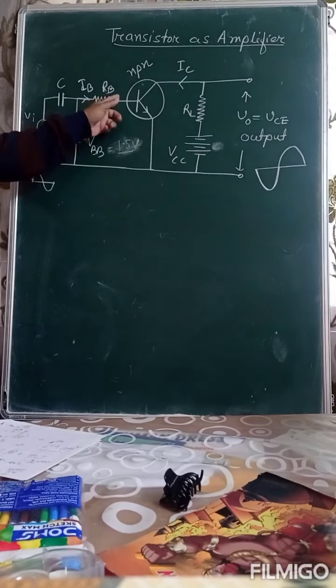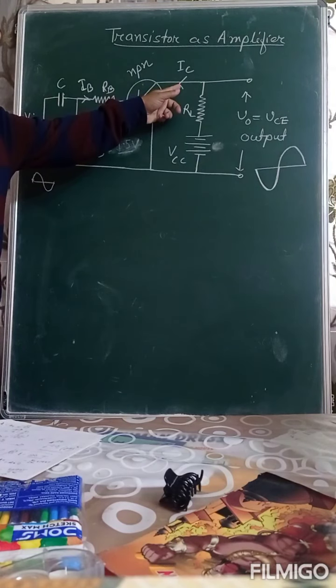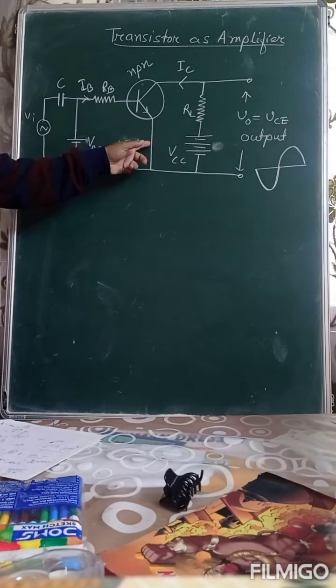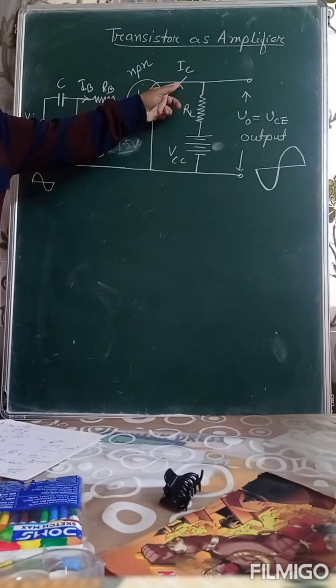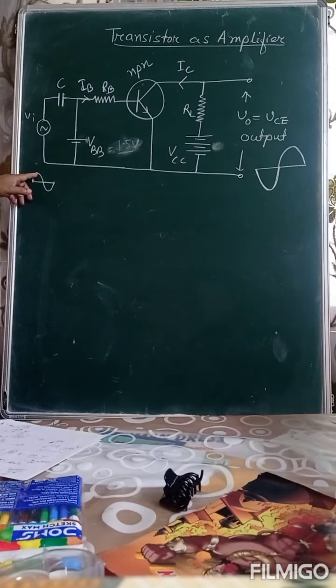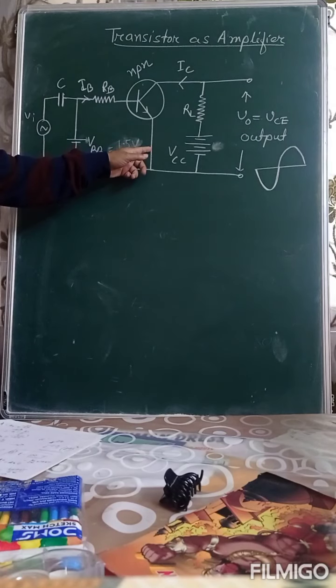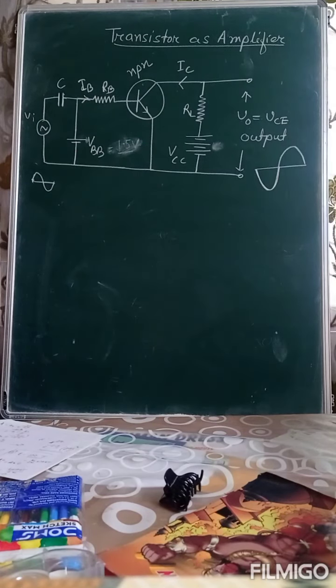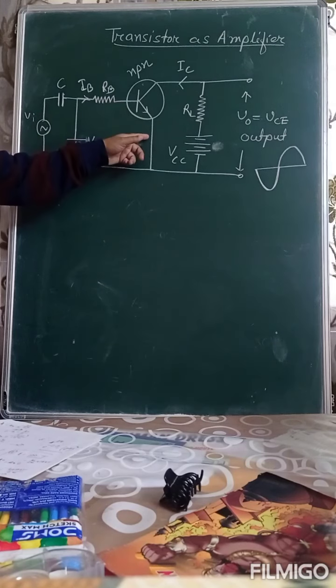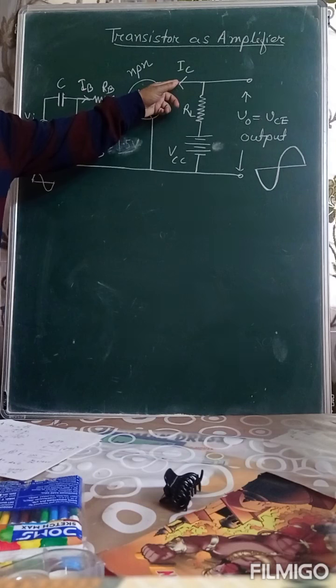If my biasing voltage increases, collector current will increase, and if biasing voltage decreases, collector current will decrease. In the positive half of the signal, the biasing voltage increases, so collector current increases. During the negative half of the signal, biasing voltage decreases, so collector current decreases.